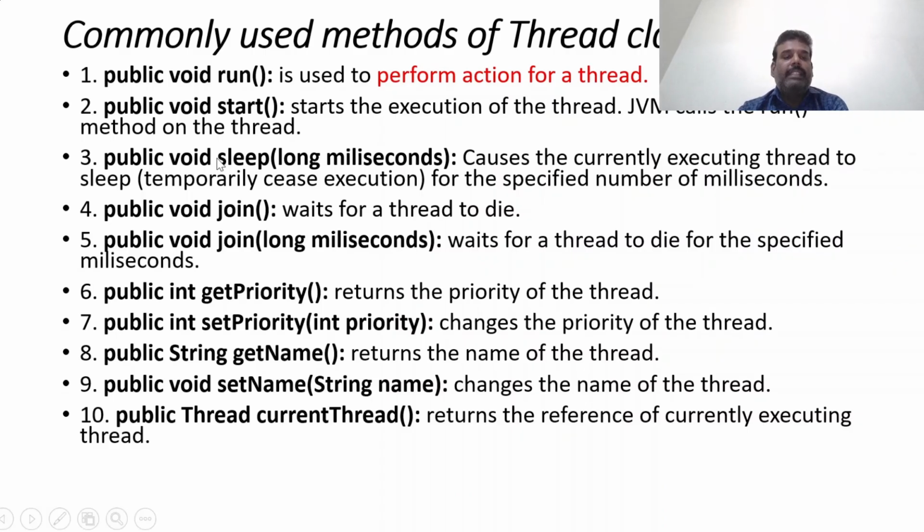Next, public void sleep() causes the currently executing thread to sleep for the specified number of milliseconds. Next, public void join() waits for the thread to die. So method வந்து die பண்றதுக்கு, thread operations die பண்றதுக்கு இந்த join operations wait பண்ணும். Next, the priority method returns the priority of the thread.